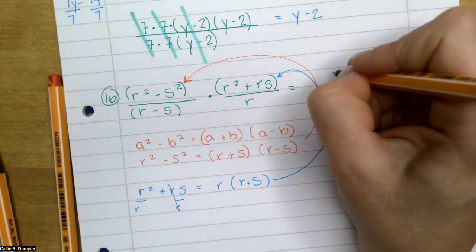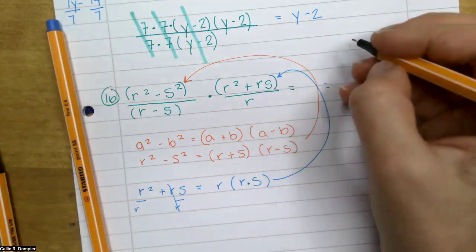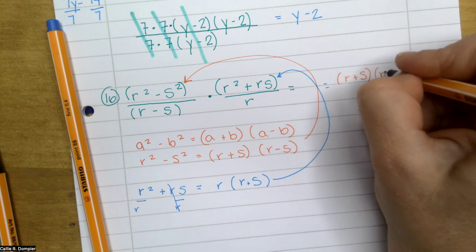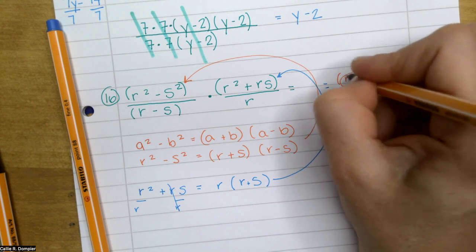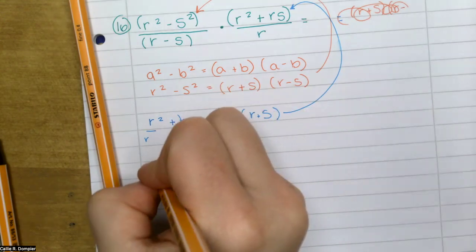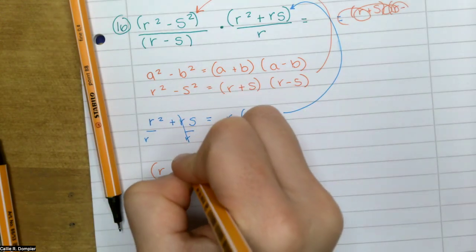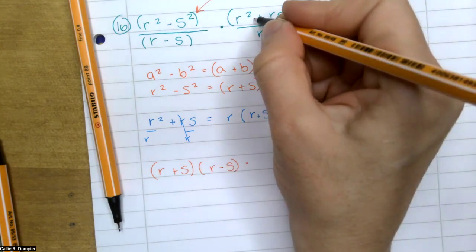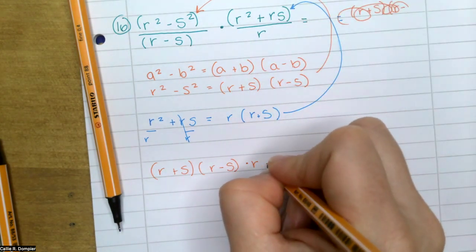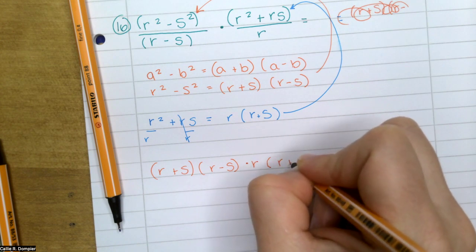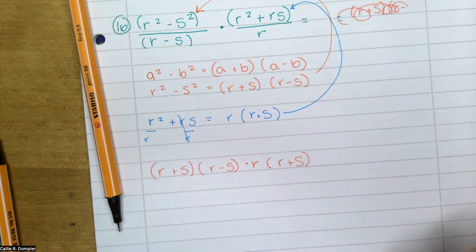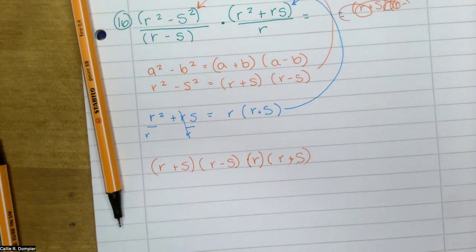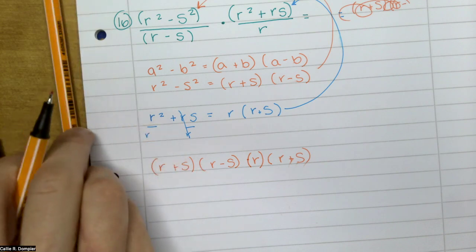So this I'm going to rewrite as r plus s times r minus s, times r times r plus s. Just make sure to denote that it's being multiplied.